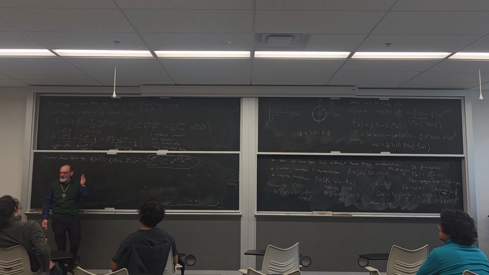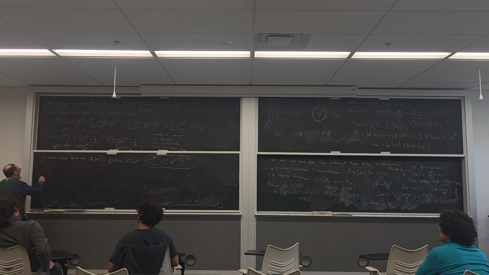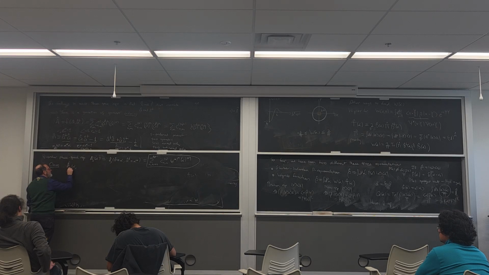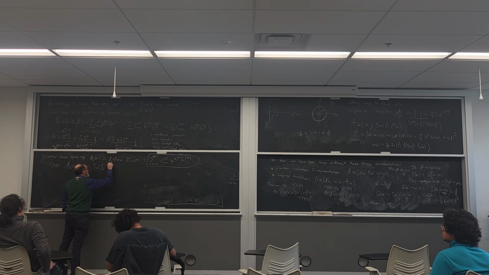They're very hard to find. However, I claim the following is true: the S-ordered representation of the operator is equal to the trace of the operator with the minus S-ordered delta function.